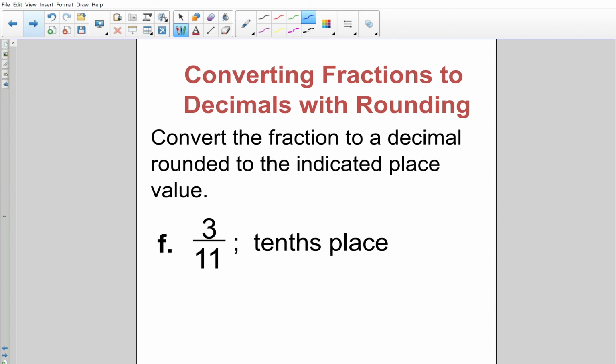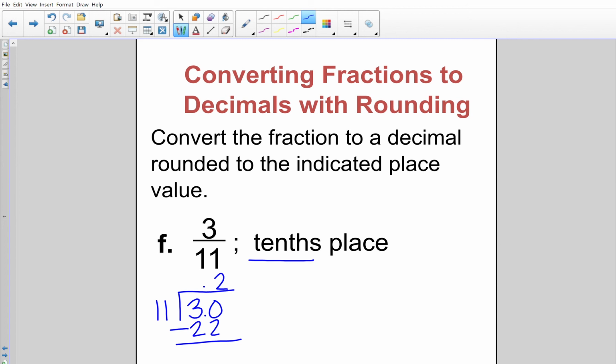Okay, so we're going to divide this one, and then this time we're going to round it to the tenths place. So this one's going to keep going. So I could take my 3 and I could divide it by 11. Just to keep this a little bit short, I can just add my decimal. 11 goes into 30 just twice. That's 22. Subtract it out.